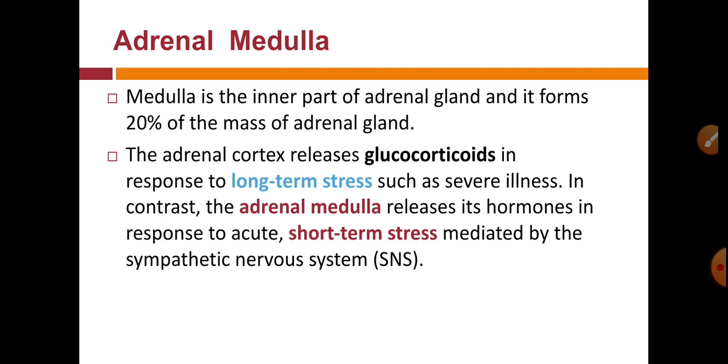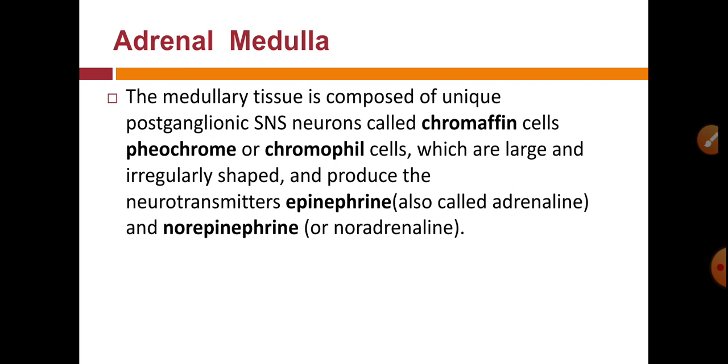For long-term stress, glucocorticoids are responsible, while to combat or resist short-term stress, adrenal medulla hormones are important. Medullary tissue is composed of chromaffin cells or pheochrome cells or chromophil cells, and these cells are again of two types: adrenaline secreting chromaffin cells and noradrenaline secreting chromaffin cells.